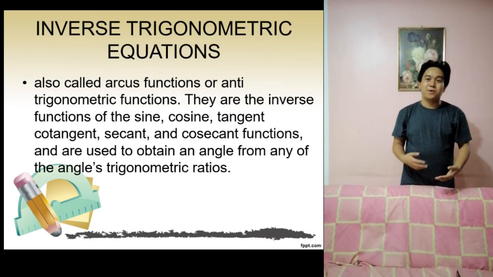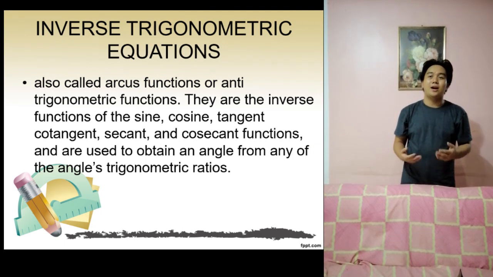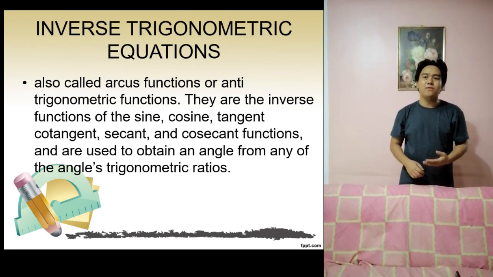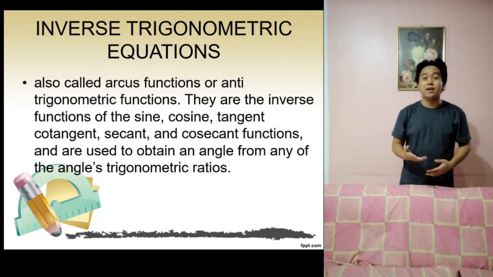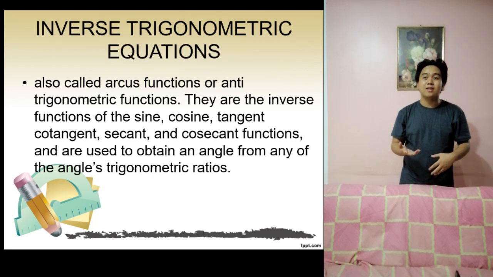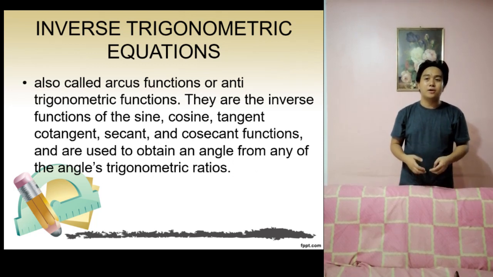Inverse trigonometric equation, also called arcus functions or anti-trigonometric functions, are the inverse of the sine, cosine, tangent, cotangent, secant, and cosecant functions. They also obtain an angle from any of the trigonometric ratios.